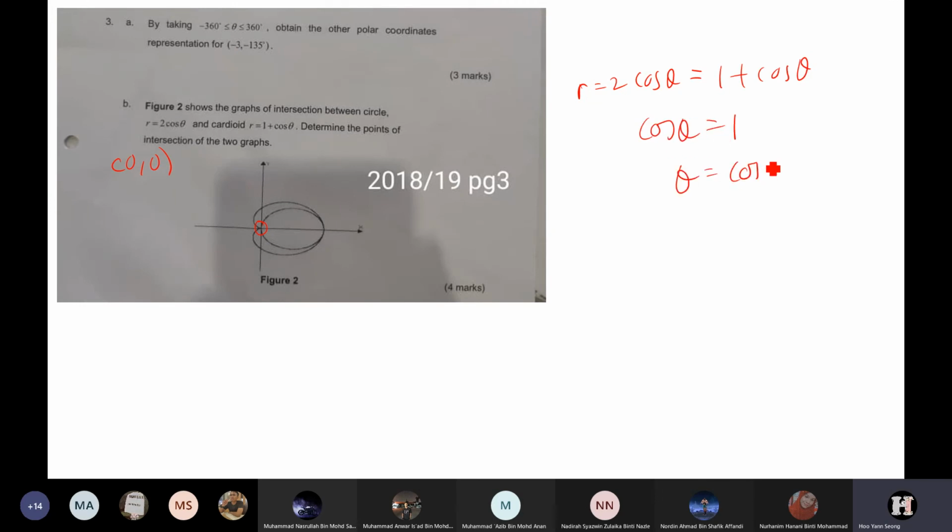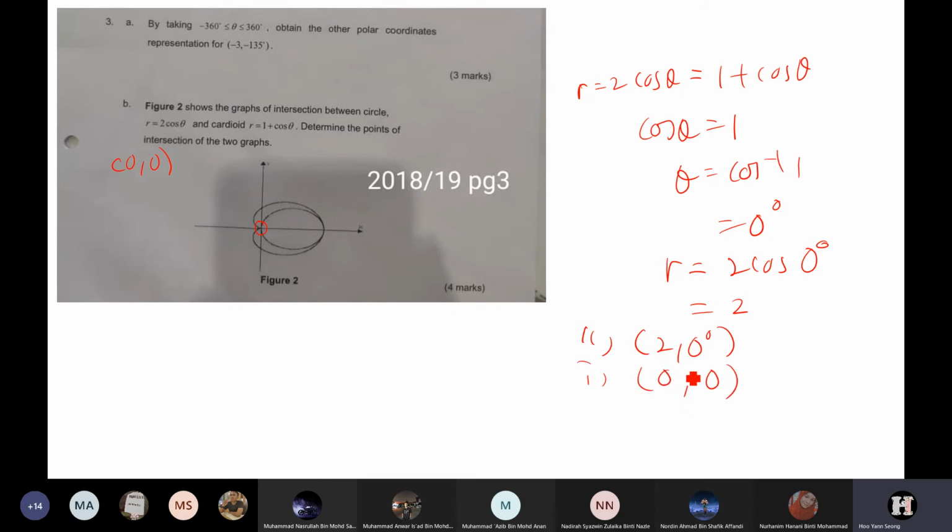So theta is cos inverse 1, which is 0 degrees. Then r equals 2 cos 0 degrees, which is 2. So your second intersection point is (2, 0 degrees). The first one is (0, 0), don't put degrees. Done, that is your answer.